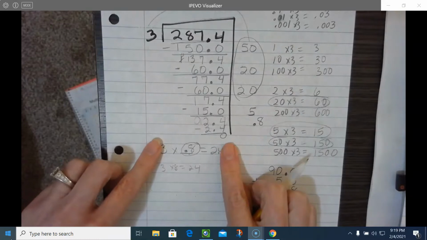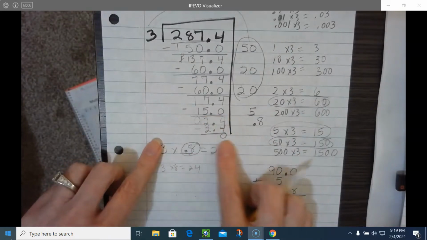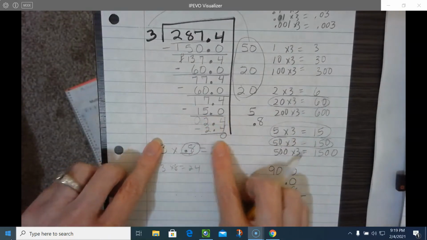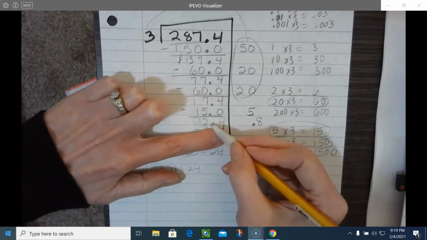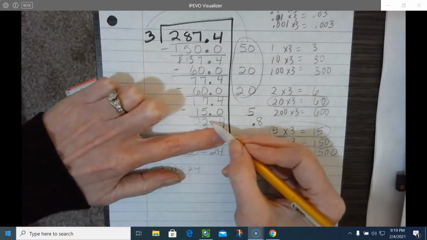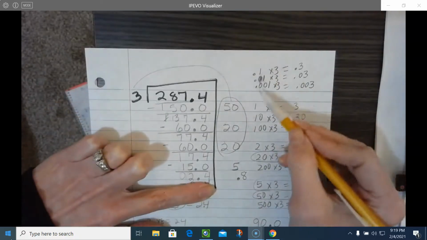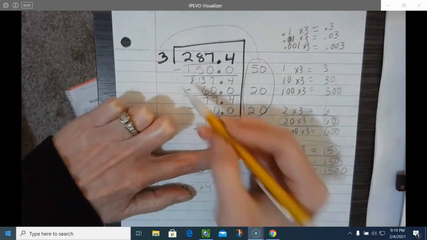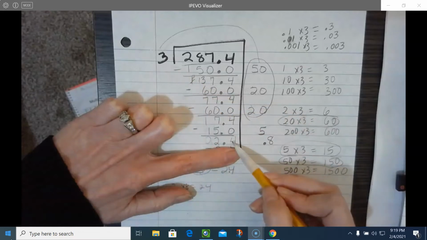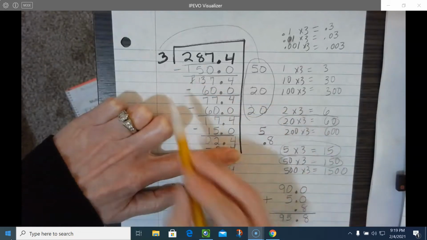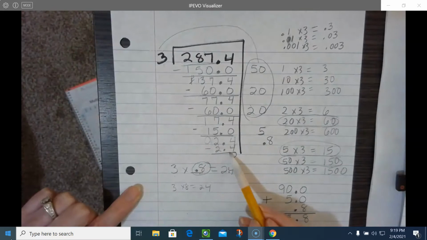So in the next problem or two, you are going to be faced, when you get down to the bottom here, as soon as you see that when you subtract, these numbers up here don't work exactly, then look to see if there is a number that you could multiply the divisor by to get to that number by putting that decimal point in.